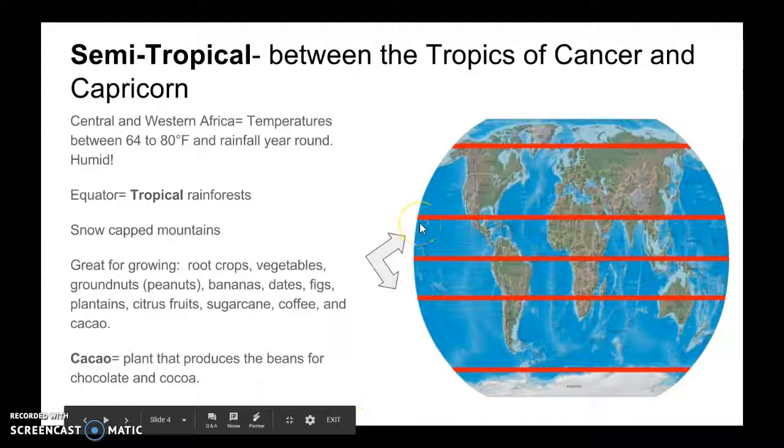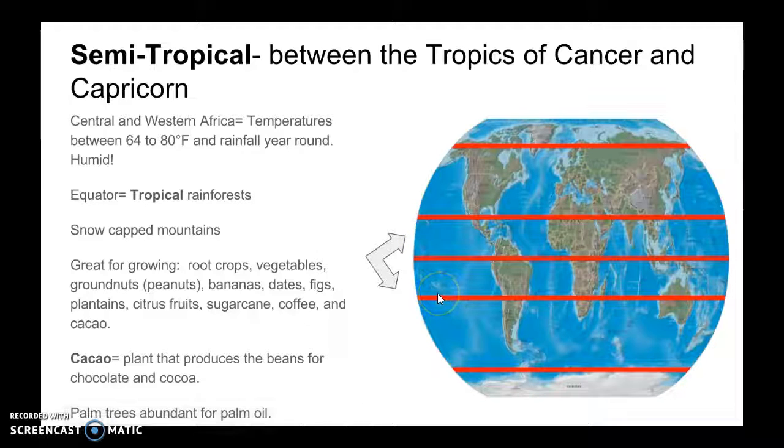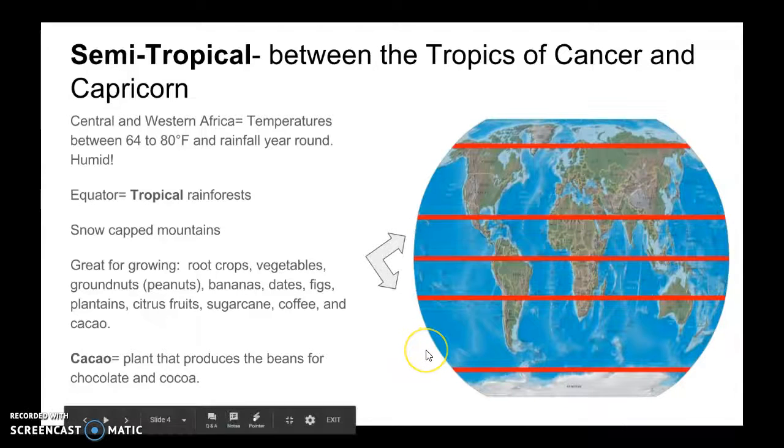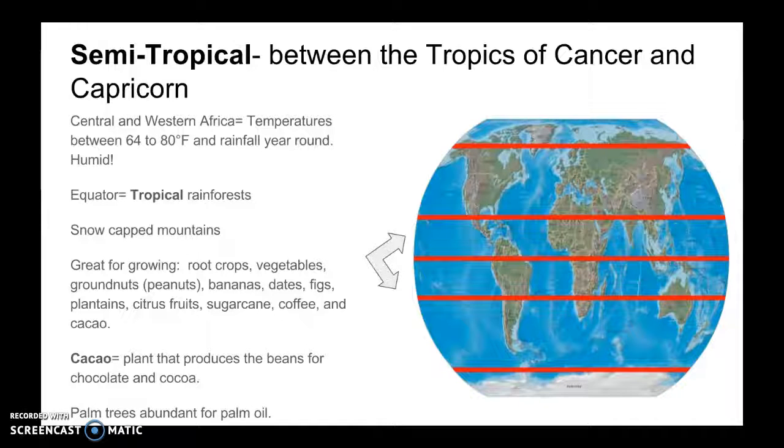In between the Tropic of Cancer and the Tropic of Capricorn, we said that we had semi-tropical. In Central and Western Africa, which is right in here, temperatures get between 64 to 80 degrees Fahrenheit, and rainfall is yearly. It's a very humid area, so you're going to have lush vegetation.